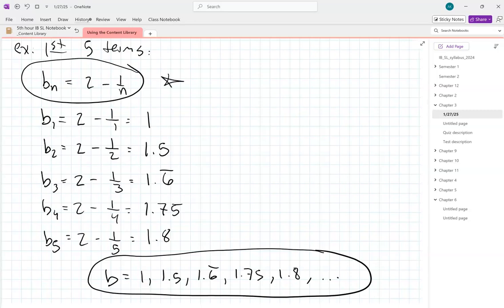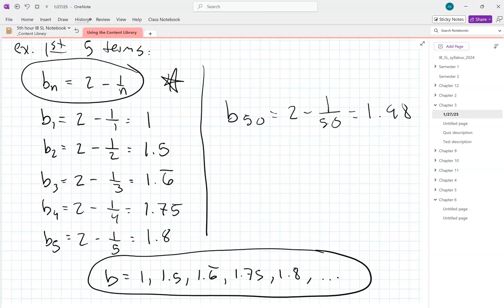Does that feel okay? What I did? The advantage of having a closed formula like this is if I wanted the 50th term, it's still easy to get. I can just plug 50 in and evaluate.